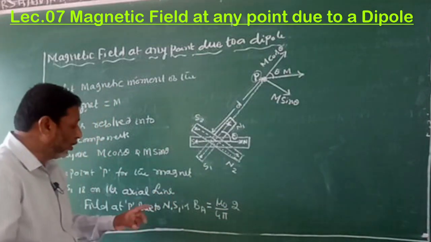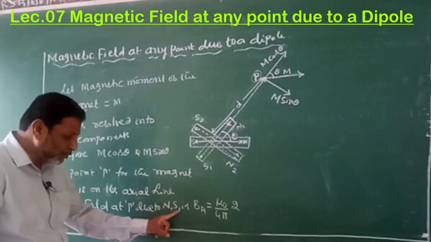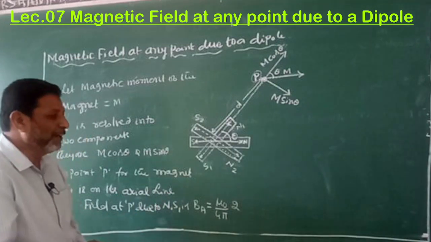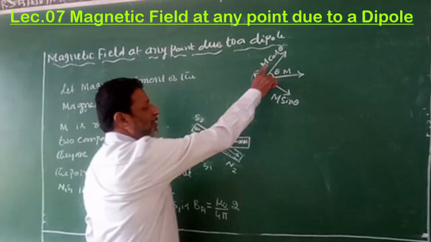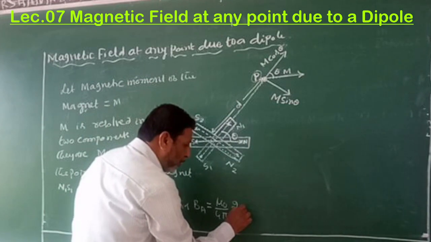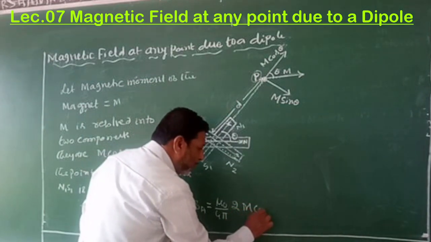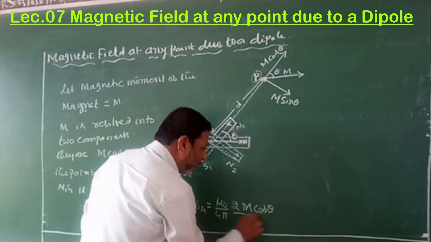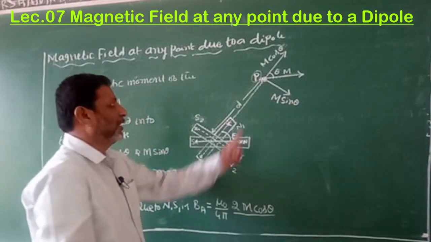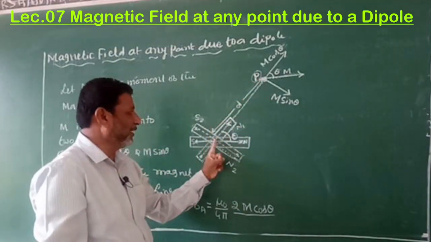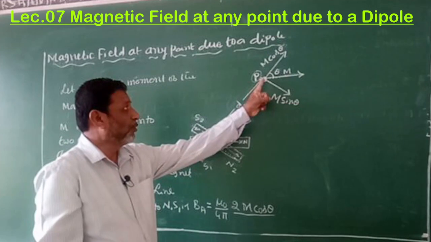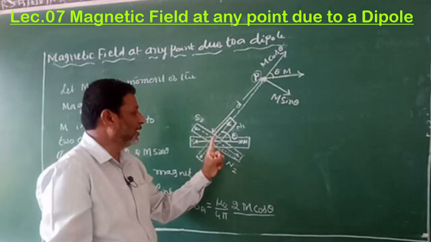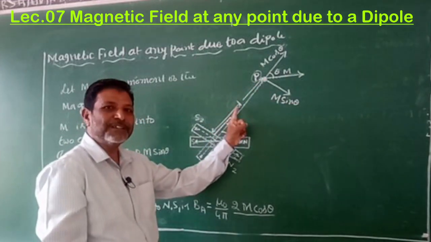Now, for N1 S1, the magnetic moment value is equal to m cos theta. Therefore, we can write it as m cos theta divided by d cube, where d is the distance of the point P from the center.